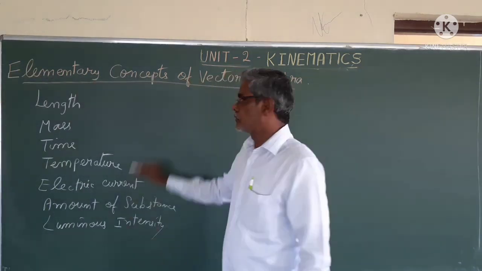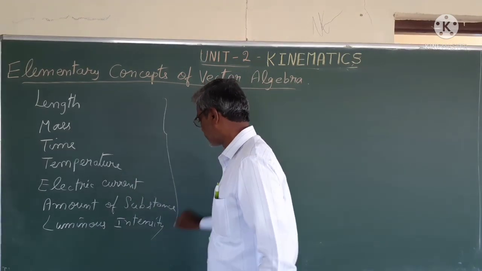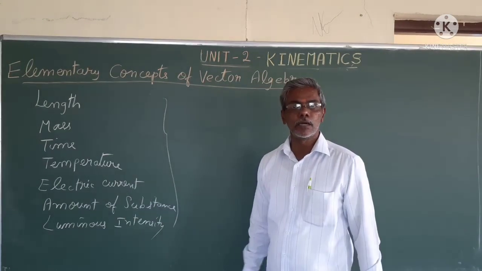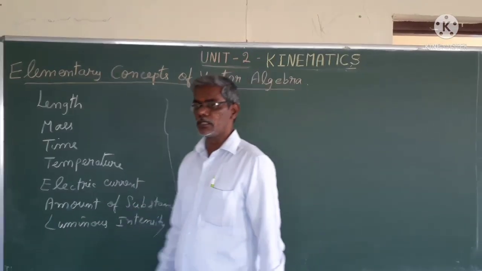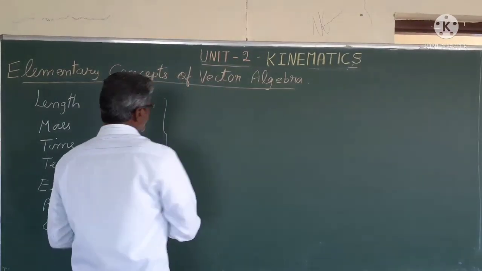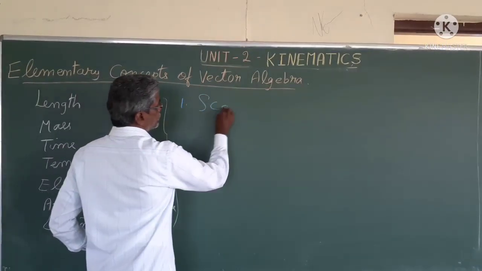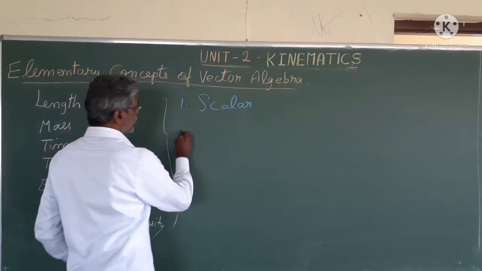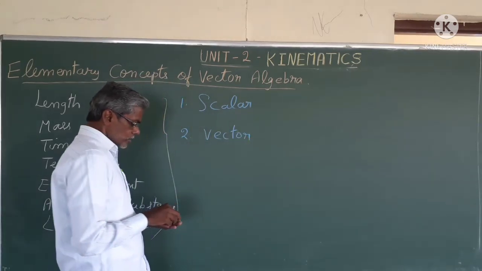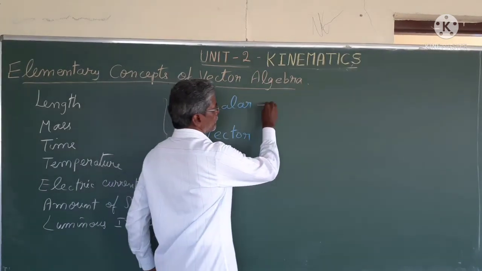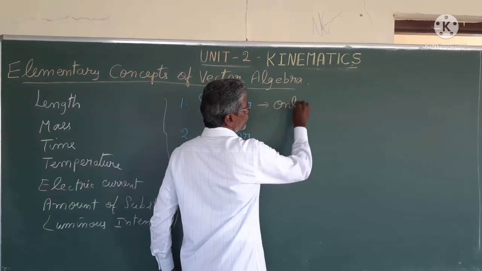These physical quantities will have some properties. What are the properties? One is scalar. The second one is vector. So what is scalar? It has only magnitude.